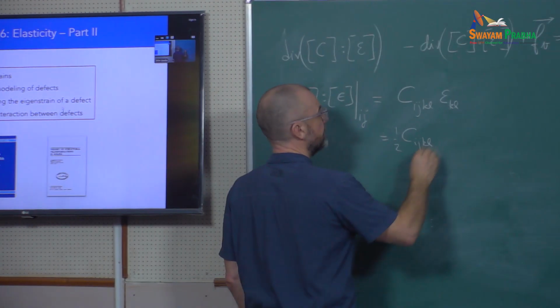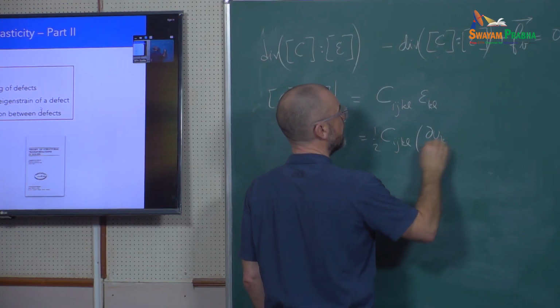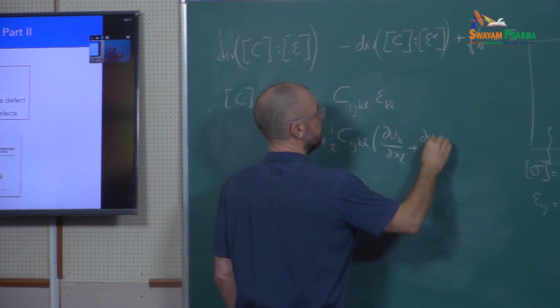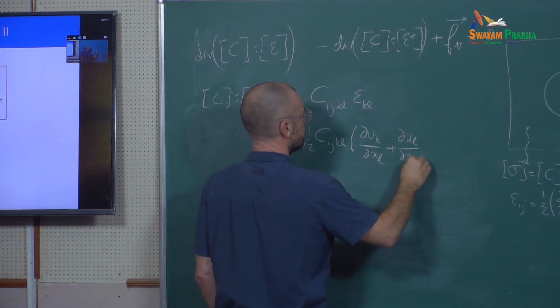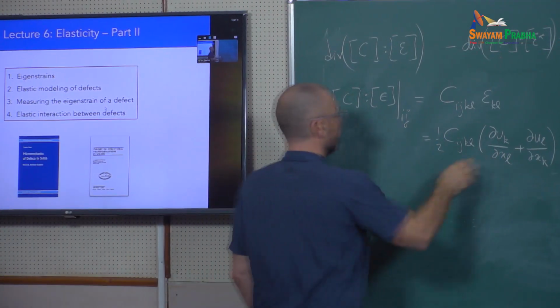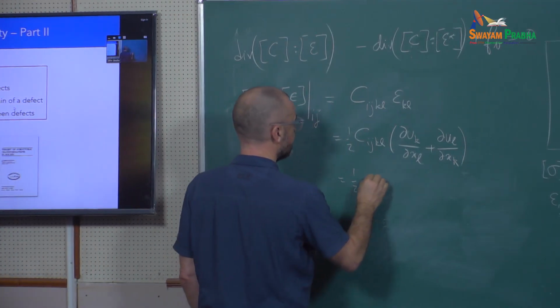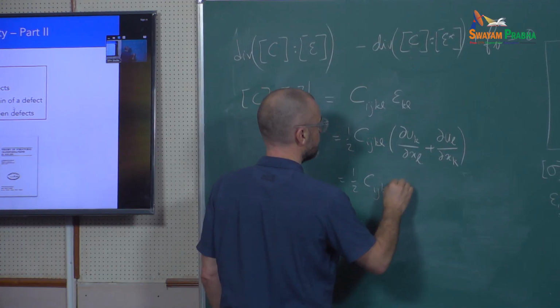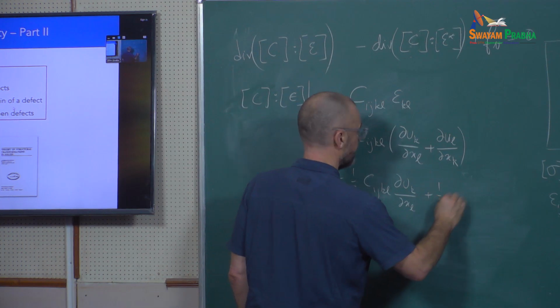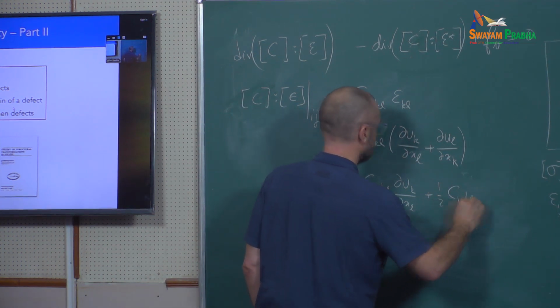So there's a 1/2 here, and there's a duk dxl plus dul dxk. So now I can write it as 1/2 of Cijkl duk dxl plus 1/2 Cijkl.